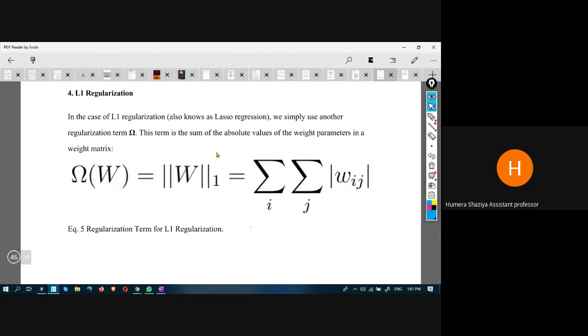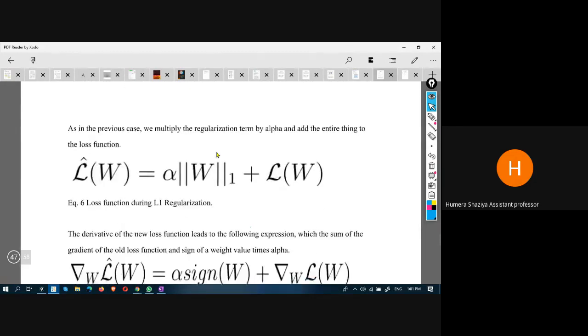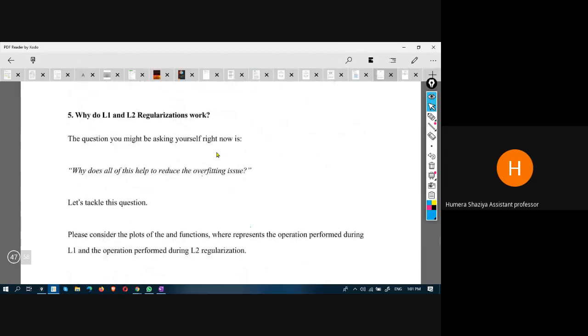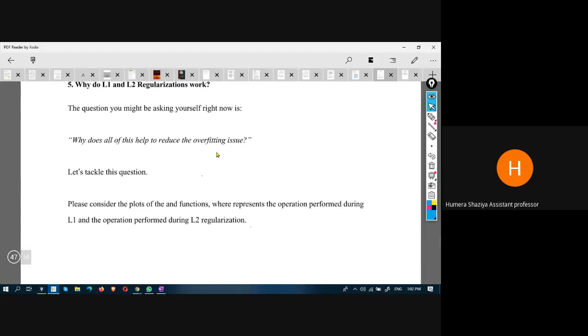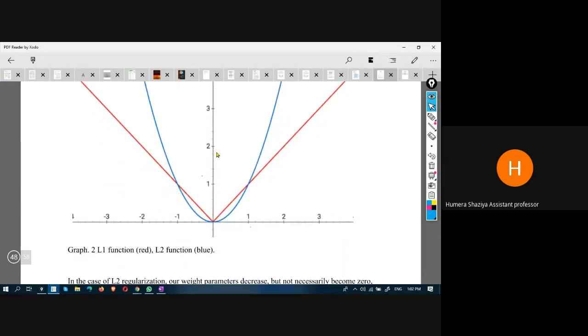And look here, here also you have an equation, a term which you add to your loss function, and what happens is it is expected that overfitting is reduced. So if you have the L1 function in red and the L2 function in blue, L1 is lasso and L2 is ridge, they both try to reduce the overfitting.